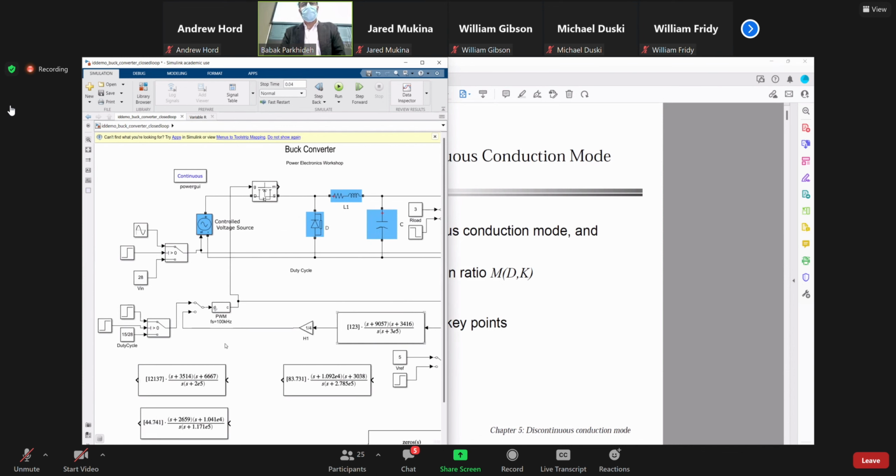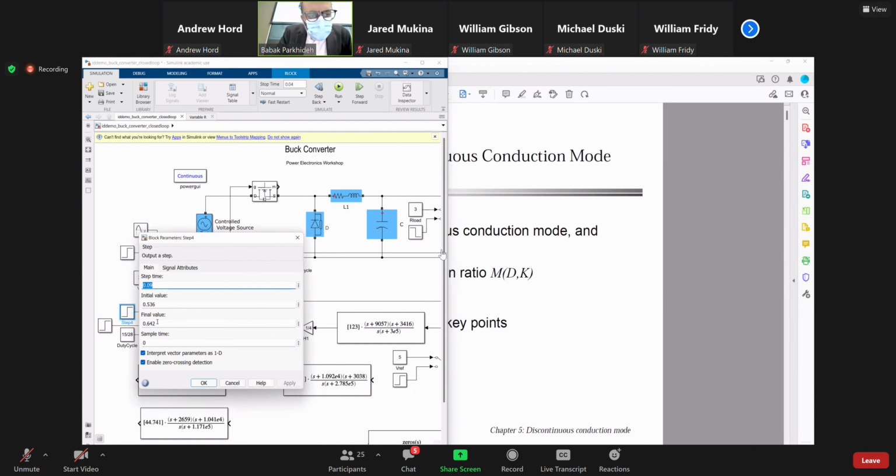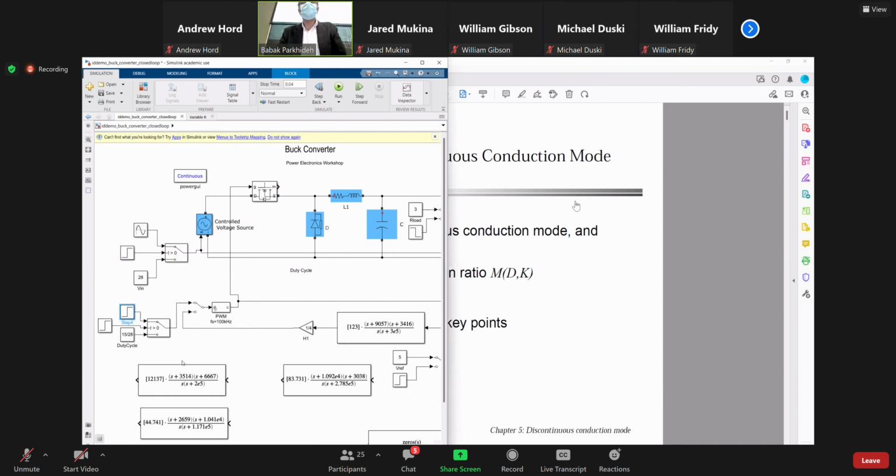Don't worry about this part, but I defined my duty cycle with a fixed value at 100 kilohertz. Let's say the initial duty cycle is 0.5. So what you expect to see in the output is 28 volts times 0.5, so you expect to see 14 volts. So I run this, and I look at the output.